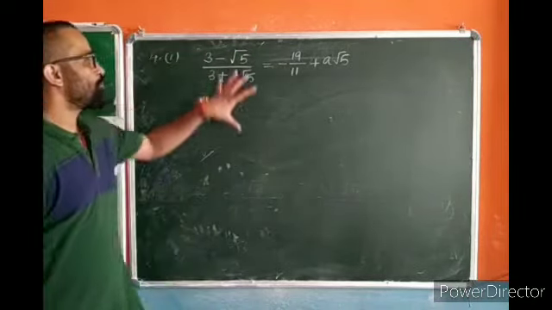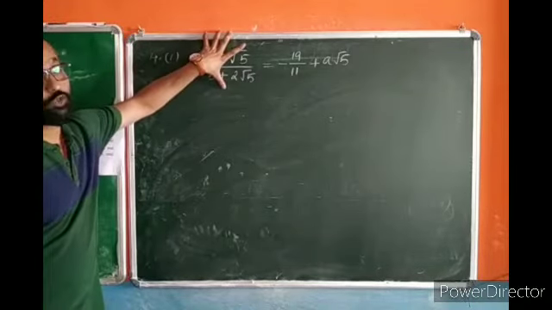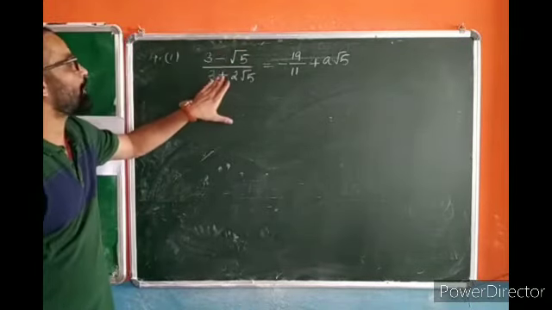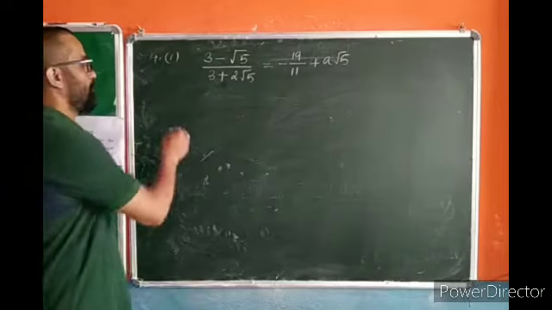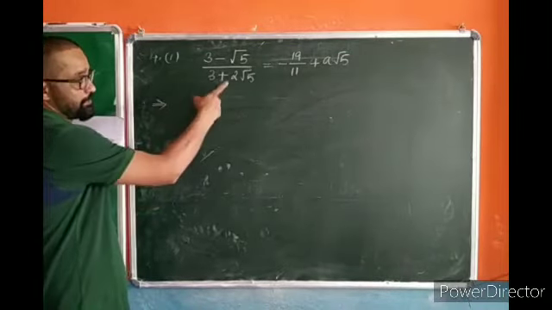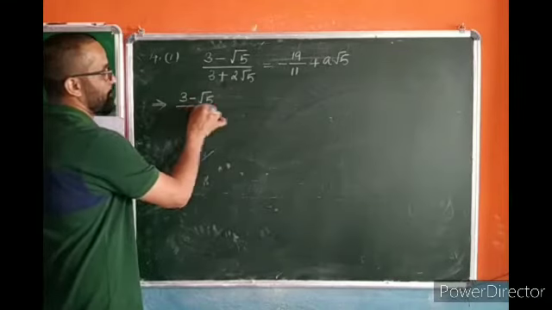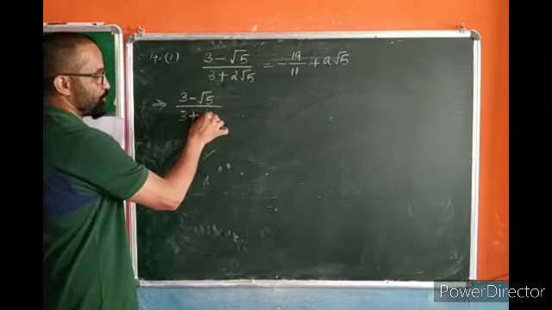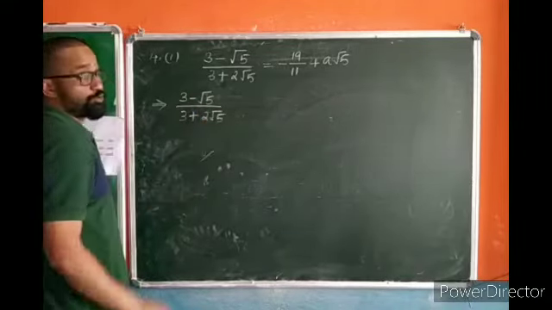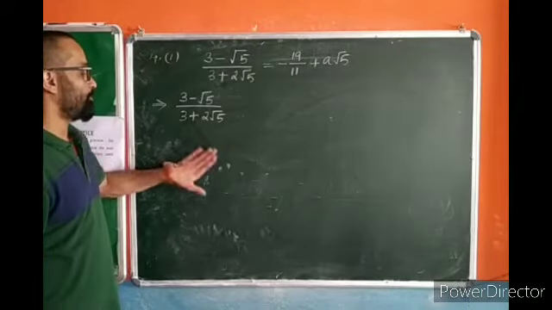So if you look at this left hand side, you have a surd and you can rationalize this. So we start rationalizing the first one: 3 minus root 5 over 3 plus 2 root 5. You should always rationalize the denominator.